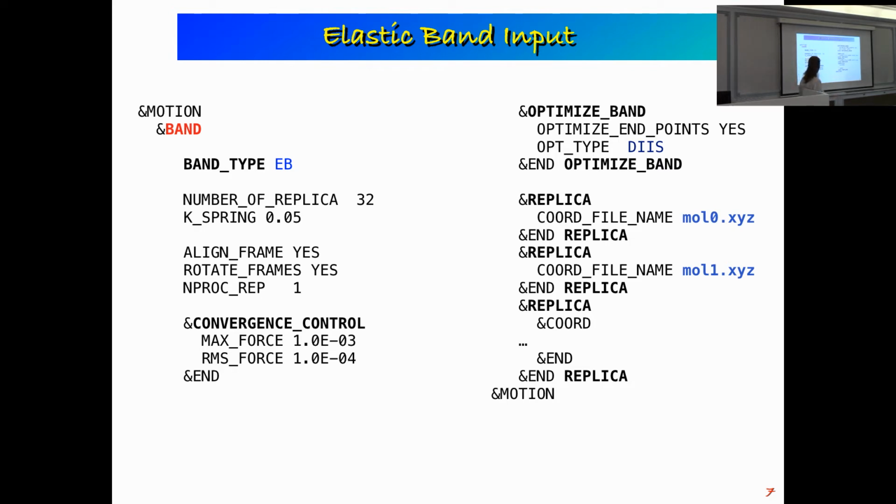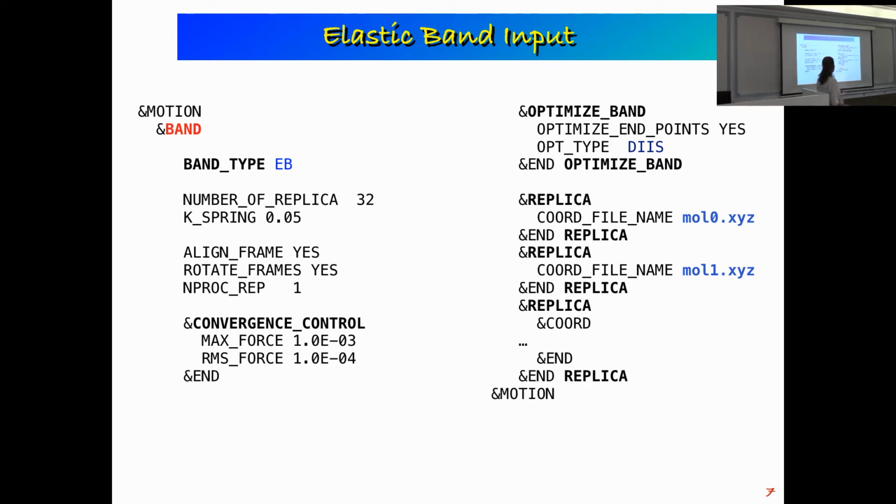That's obvious. You give the coordinates of at least 2 configurations. If you just give 2, that will be the first one and the last one. If you give more, then the ones in between will be something in between the reactants and the products.